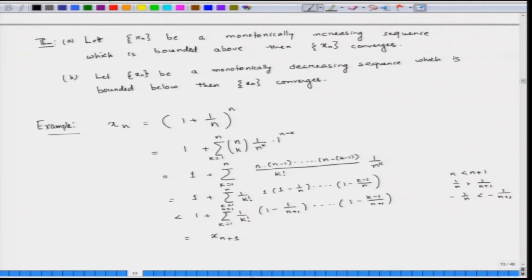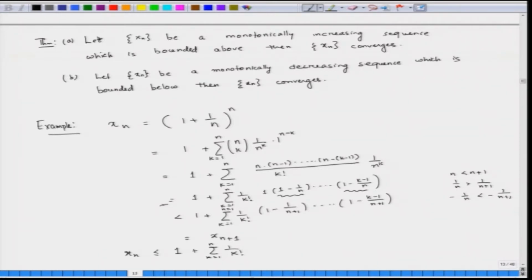Now, look at this: x n is equal to 1 plus the summation for k equal to 1 to n of 1 by k factorial, times (1 minus 1 by n) up to (1 minus (k minus 1) by n), and each of these terms is less than or equal to 1. Therefore, x n is less than or equal to 1 plus the summation over k from 1 to n of 1 by k factorial, times 1 into 1 into 1.